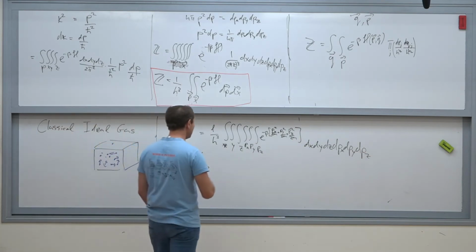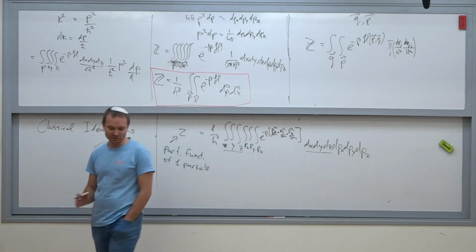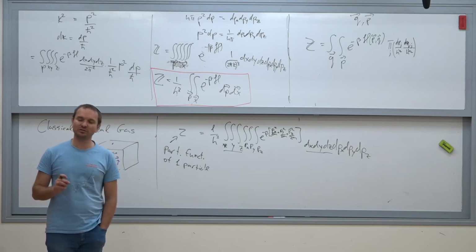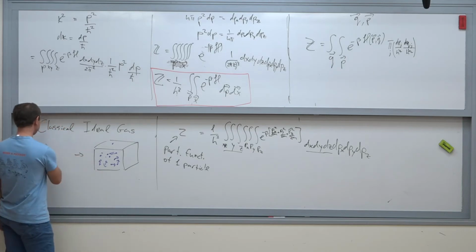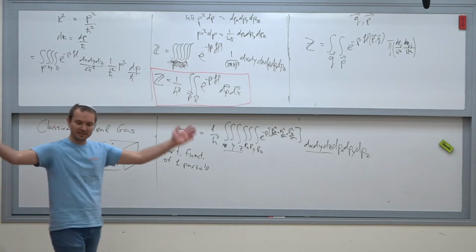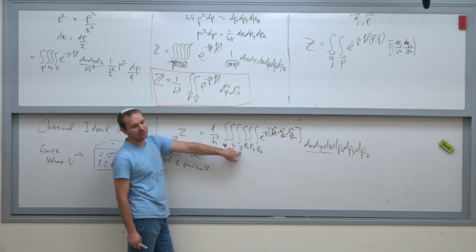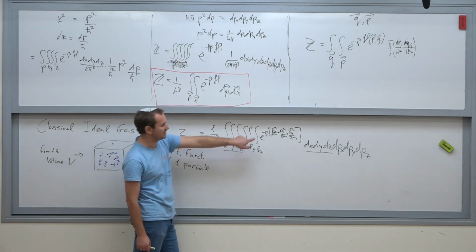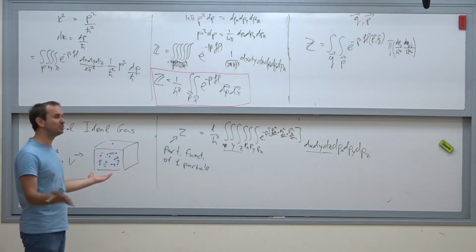First of all, integration over x, y, and z. The only restriction that we have is that it's a box, and the box has a specific, finite volume V. It's not an open, infinite space. So this integration over the spatial dimensions of the system simply contributes the volume of the system, because the Hamiltonian does not have any contribution from this.